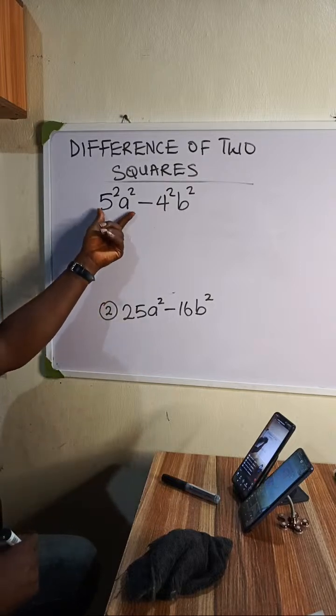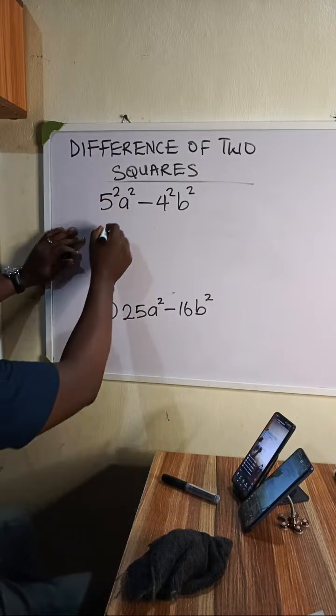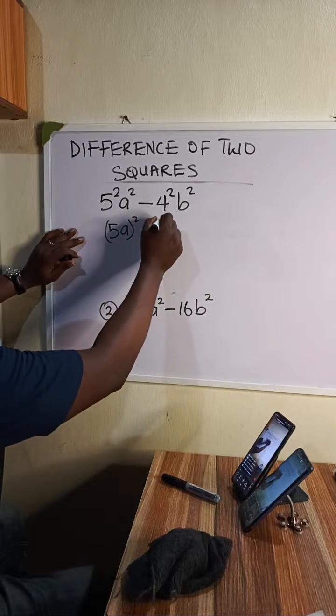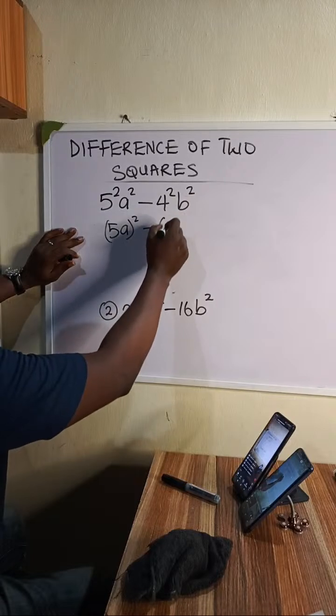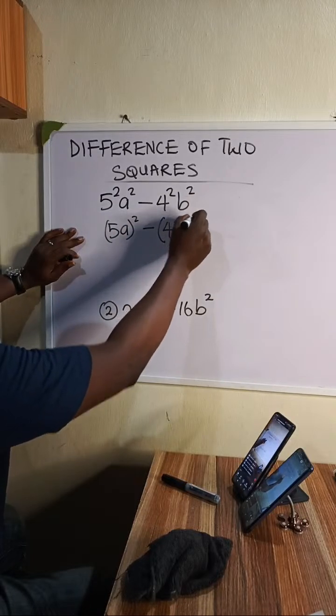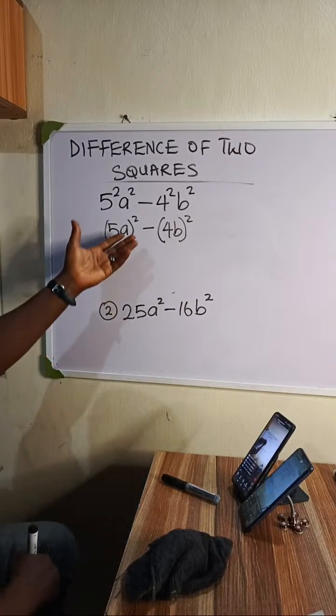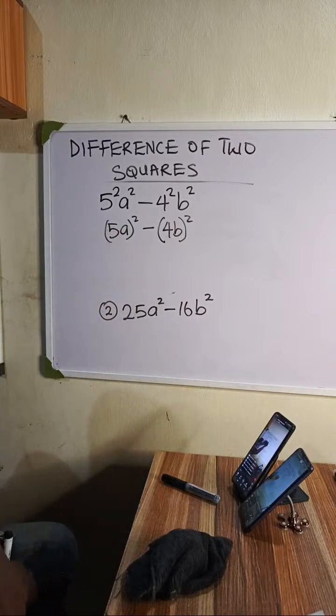Since both of them have square, you can simply write 5a squared minus 4b squared. So now we have a situation of difference of 2 squares.